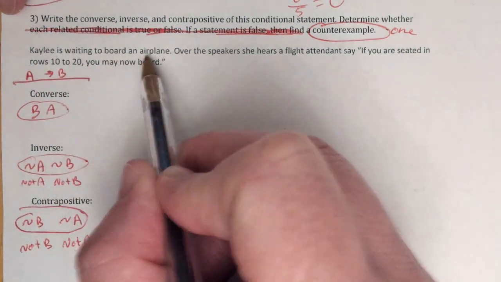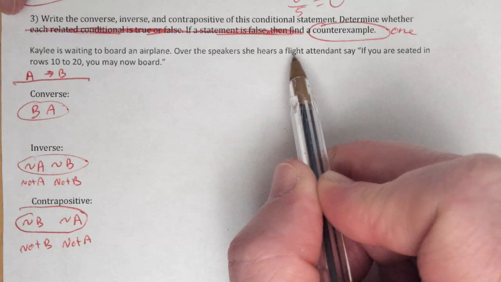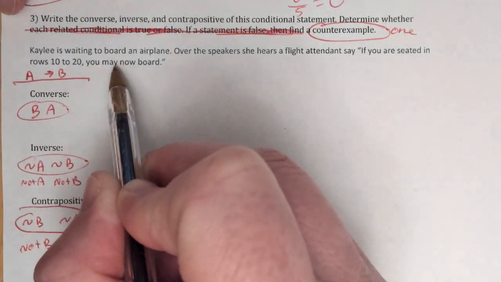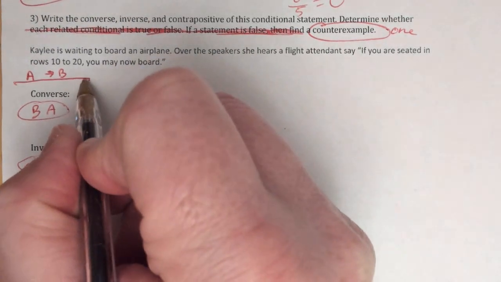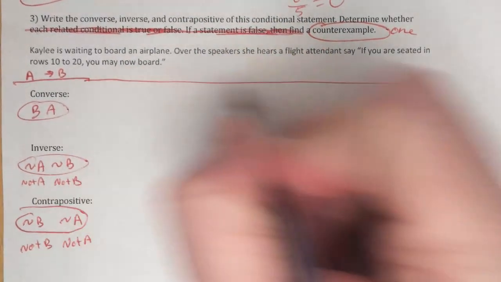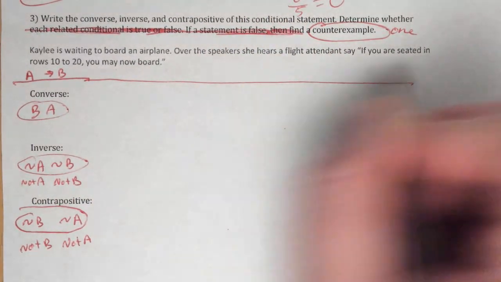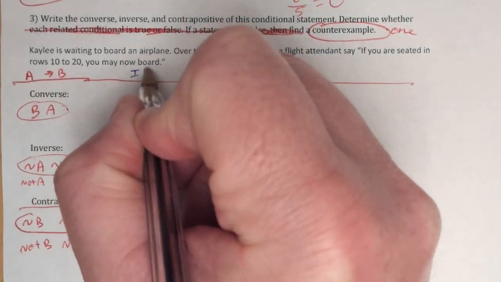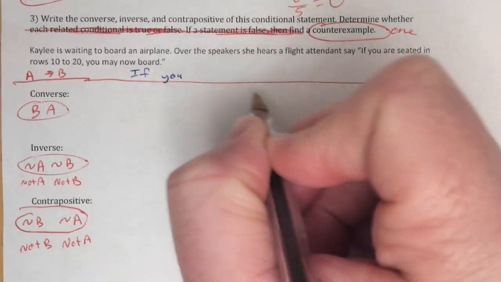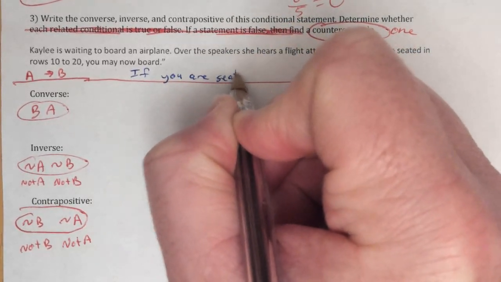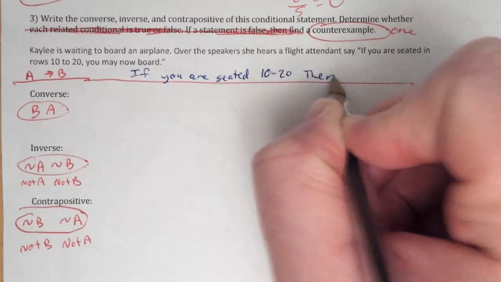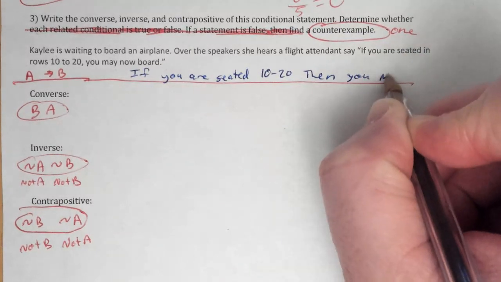Kaylee is waiting to board an airplane. Over the speaker, she hears the flight attendant say, "If you are seated in rows 10 through 20, you may board now." All right, so the original statement is: if you are seated in 10 through 20, then you may board.